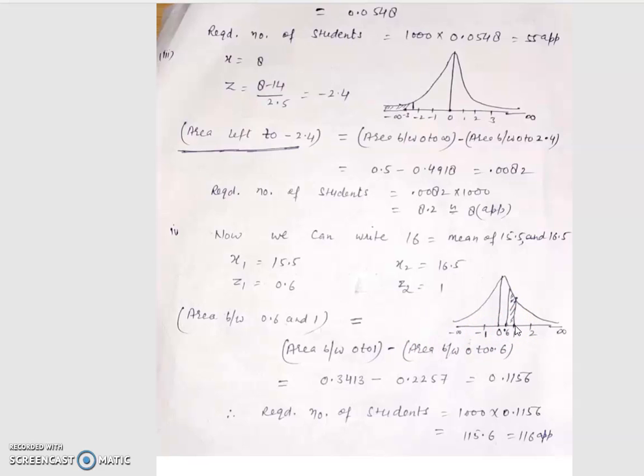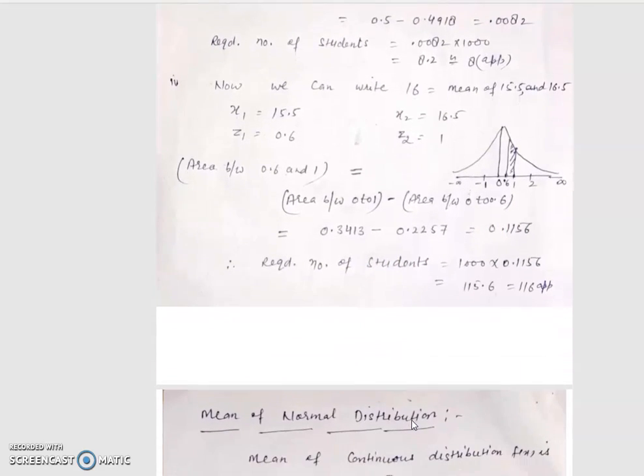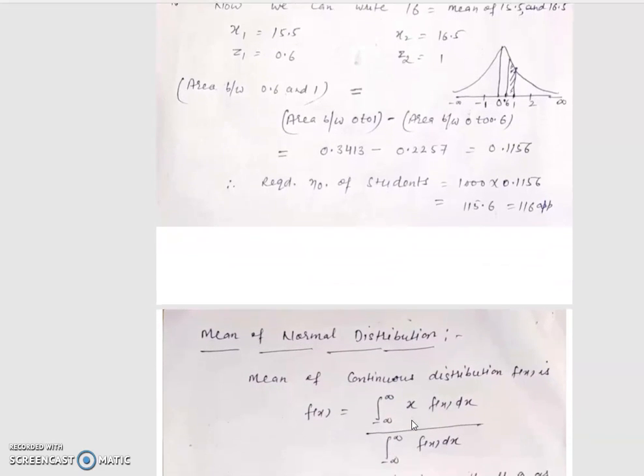We find the area between 0 and 1 minus the area between 0 and 0.6. The value for 0 to 1 is 0.3413 and for 0 to 0.6 is 0.2257. Now this is 0.1156. The required number of students is 116 approximately.